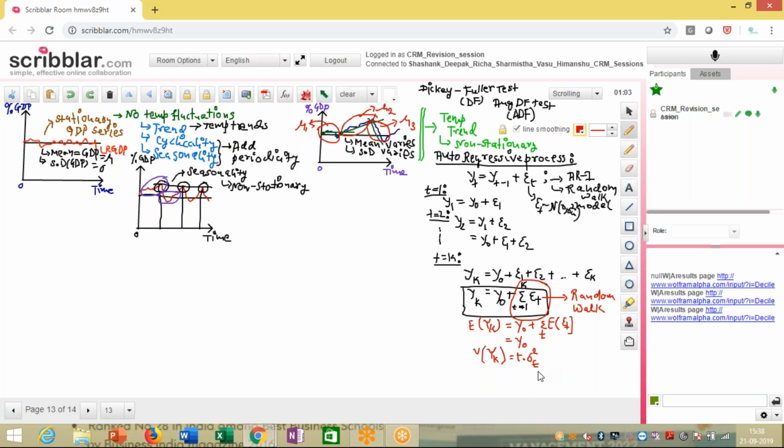Now the question is, what is the thing? Over here it is constant in terms of mean, but the variance of this is not constant.